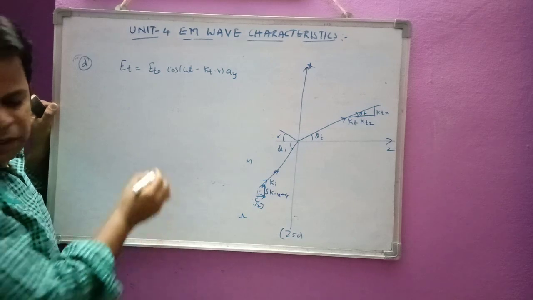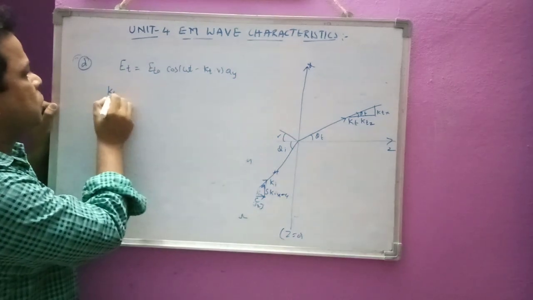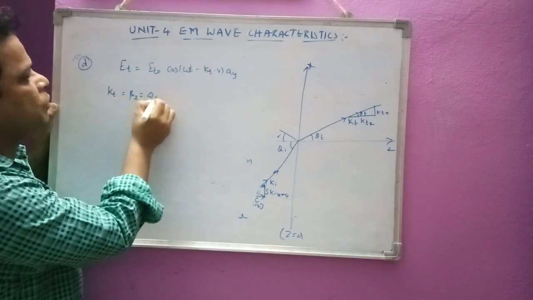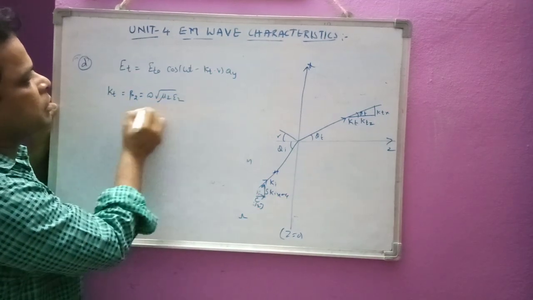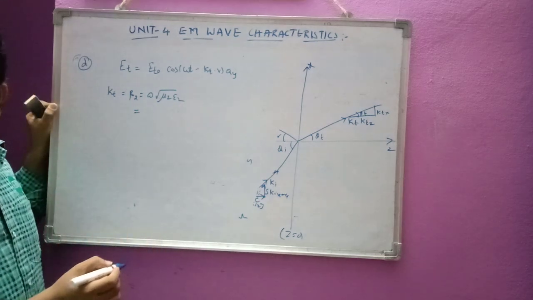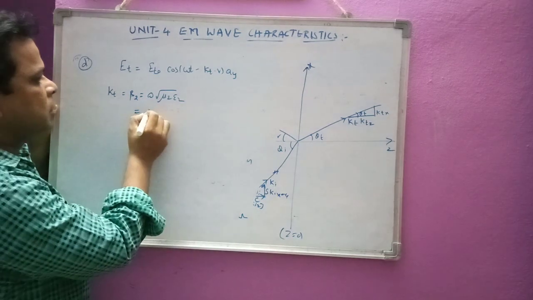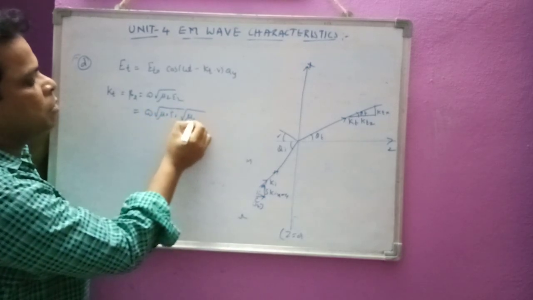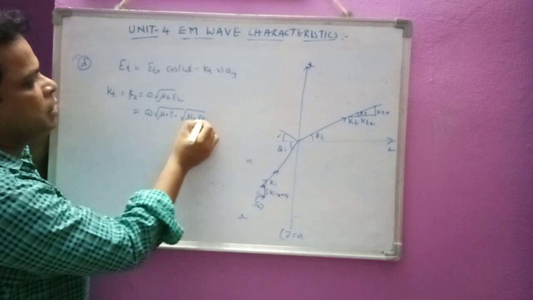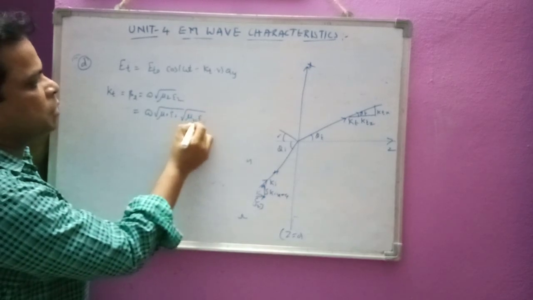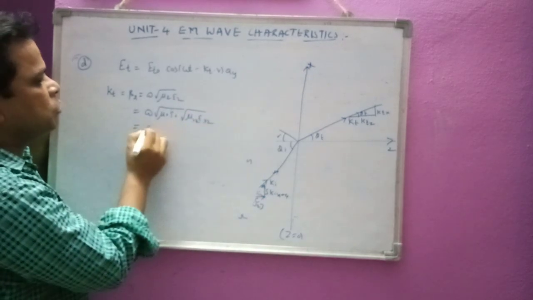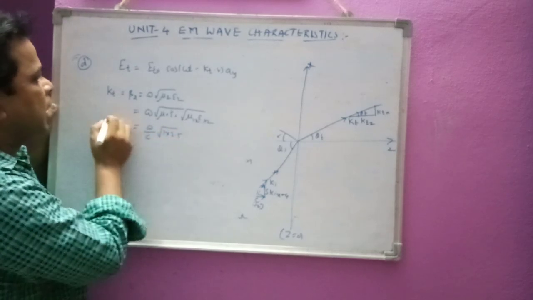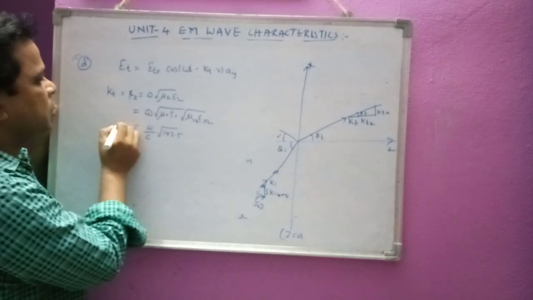Now kt we will write here: kt is equal to beta 2, that is omega root of mu 2 epsilon 2. Mu 2 and epsilon 2 he has given in the question itself.